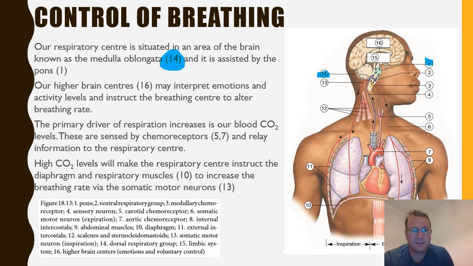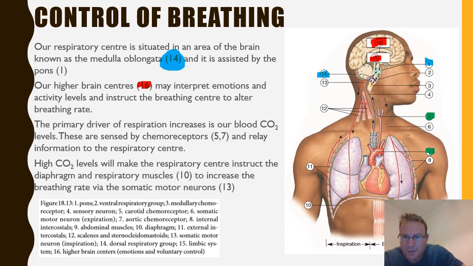Our higher brain centers may interpret emotion and activity levels and instruct the breathing center to alter breathing rate. The primary driver of respiration increases is our blood carbon dioxide levels. These are sensed by chemoreceptors 5 and 7. Actually, I think I said the aortic chemoreceptor was more for oxygen and pH, so I might have sold you a wrong one.